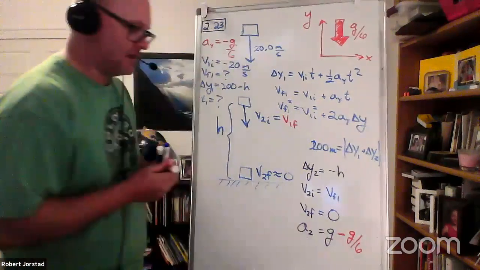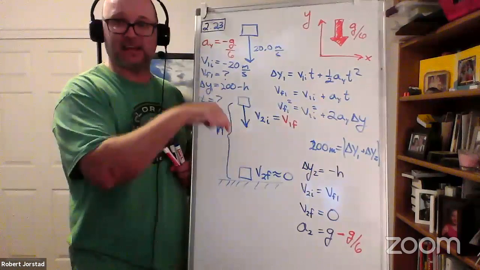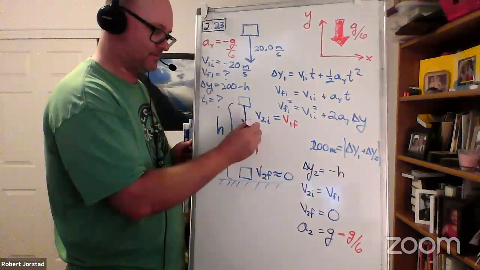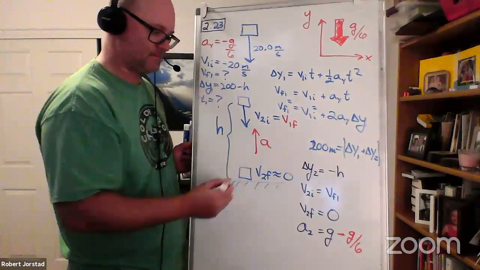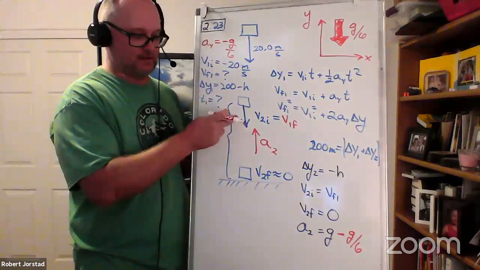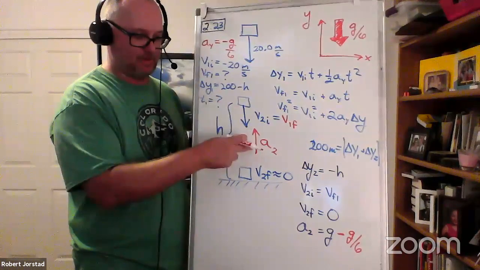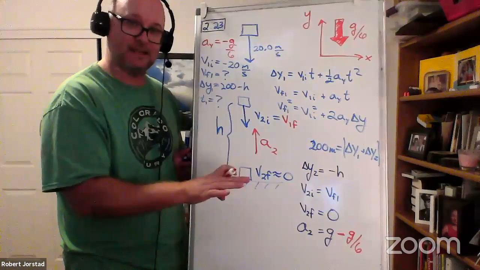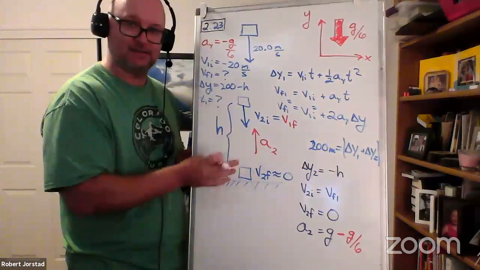Now think, if you're moving down and slowing down, shouldn't the acceleration be upwards? Notice, negative velocity, positive acceleration, slowing down to 0. That makes sense. Opposite signs.